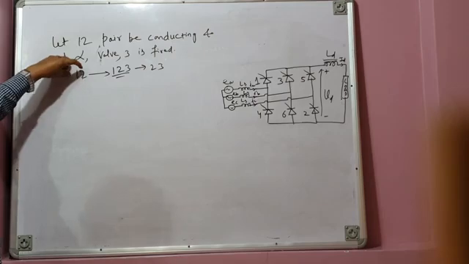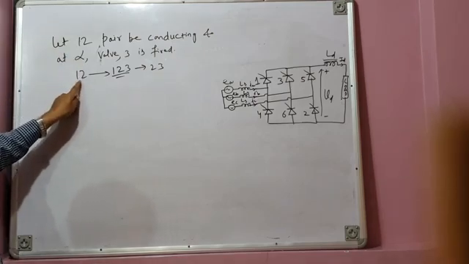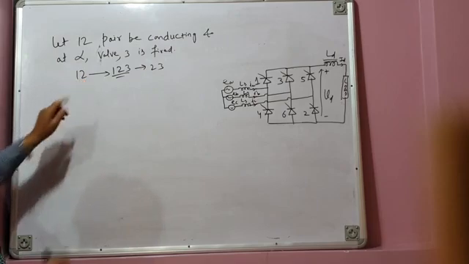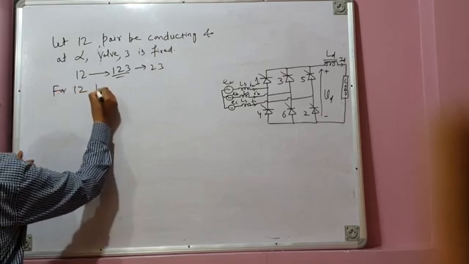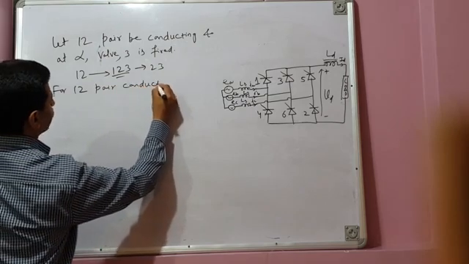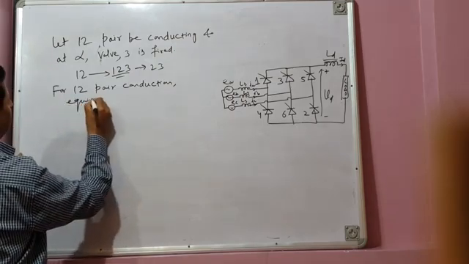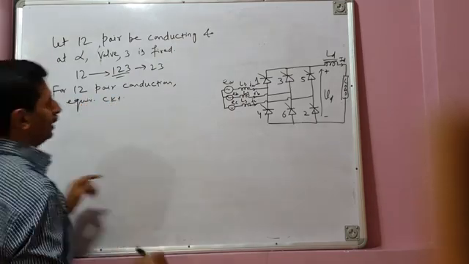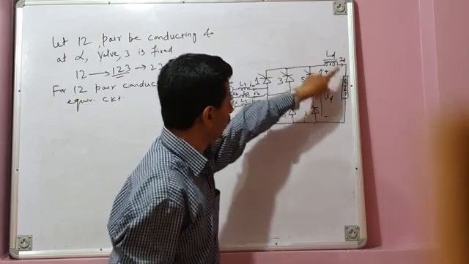Let us draw the equivalent circuit for both the situations. Let us assume previously only 2 valve conduction was there, valves 1 and 2 were conducting. So when the 1-2 pair of valves was conducting, the equivalent circuit of the converter will look like this. Valve 1 is conducting and valve 2 is conducting, 1 from the upper group and 2 from the lower group.